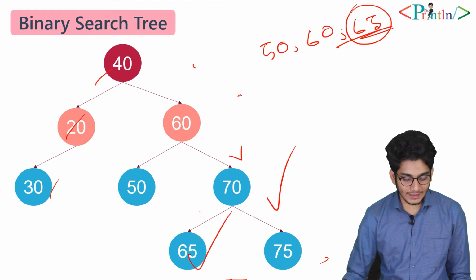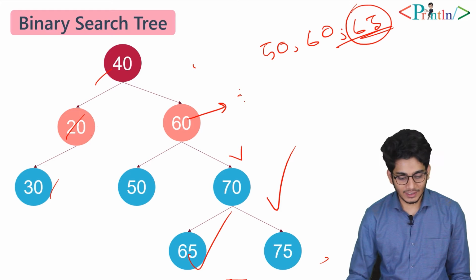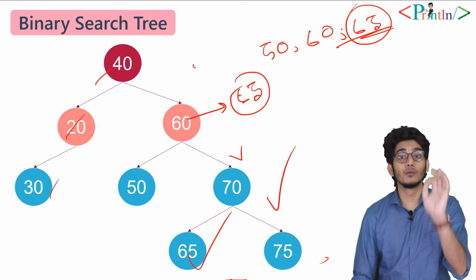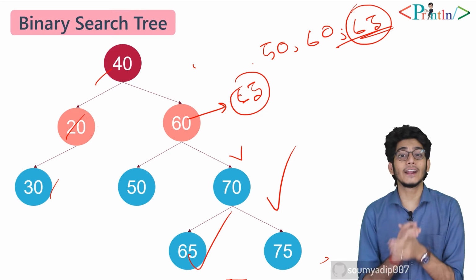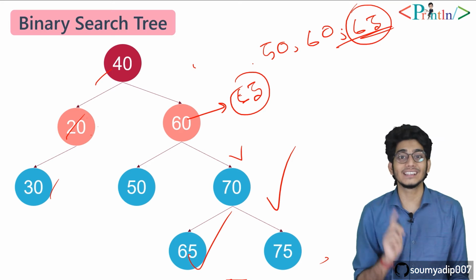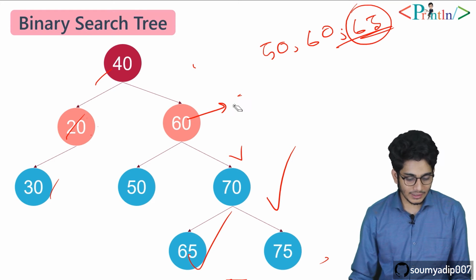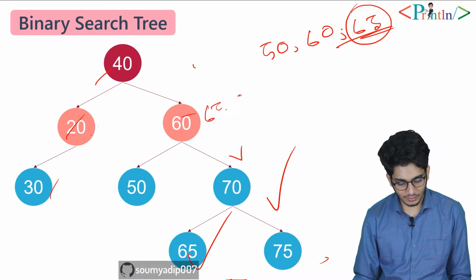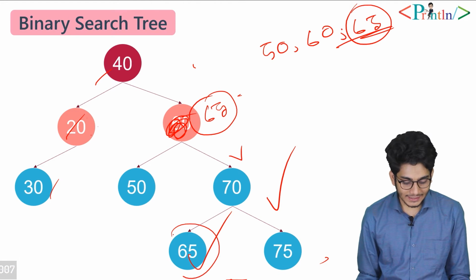Now we'll just replace this 60 with 65. We'll replace the node with its successor when the node has two children, and you can do the same thing for the predecessor as well. We'll just put 65 over here. Now we'll simply delete this 65.